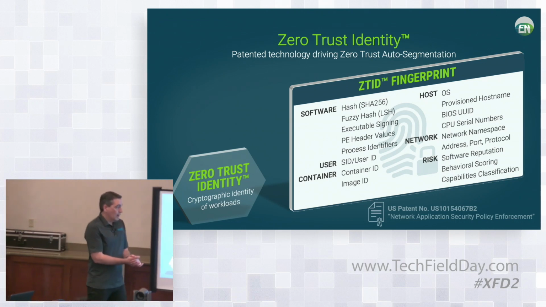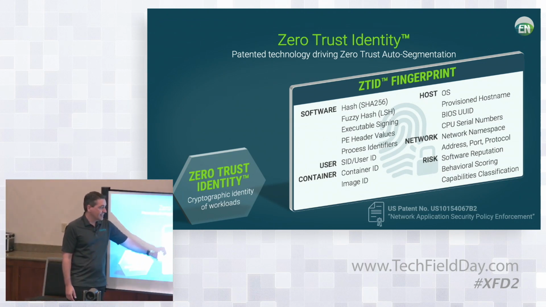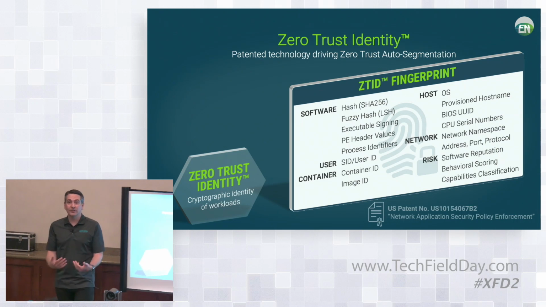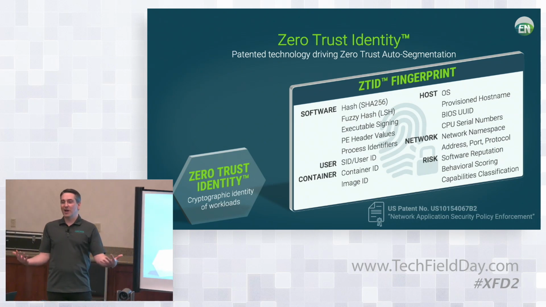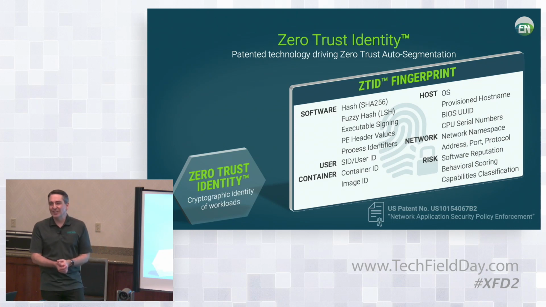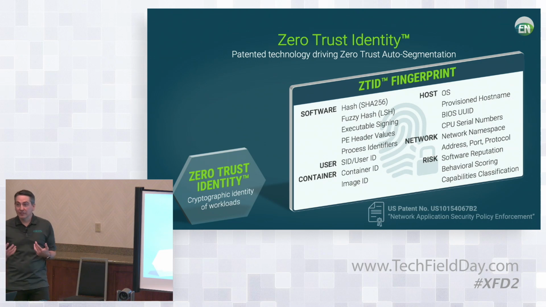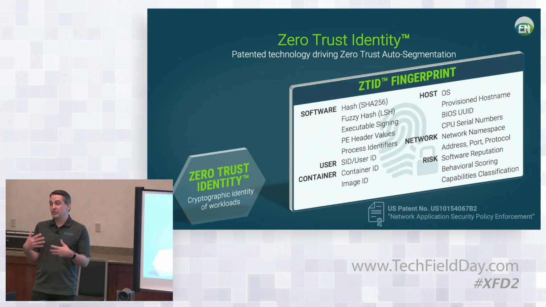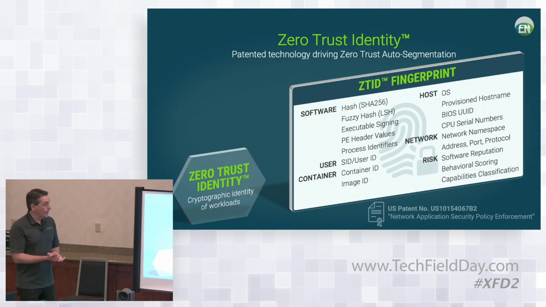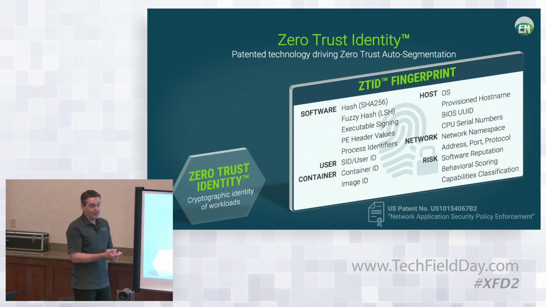The properties are SHA-256, LSH hash, PE headers, which instead of enumerating all of the possible properties of a PE header, I just put PE header. That would include signing certificates. It would include version information, original file names, so on and so forth. We use process identifiers that you would expect, like PIDs and stuff like that.